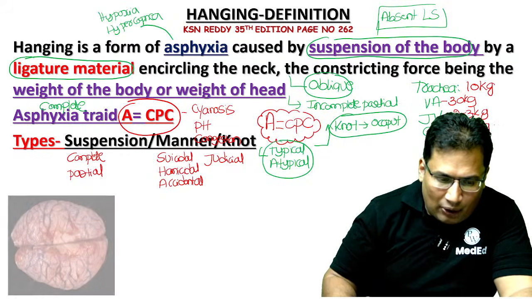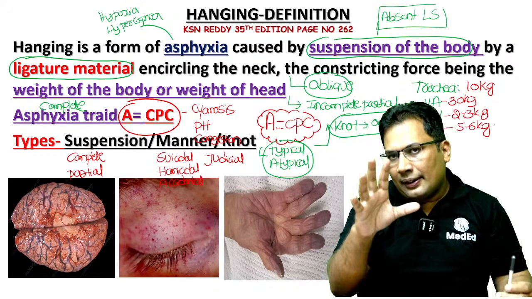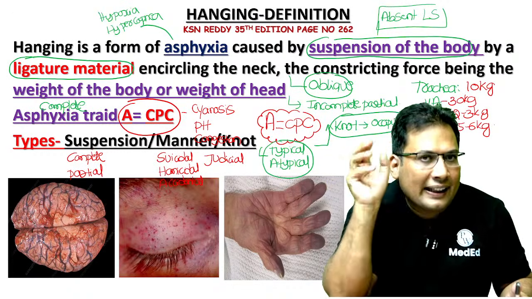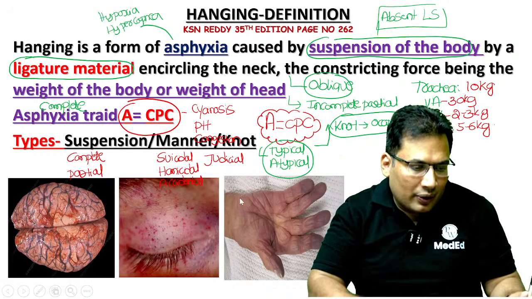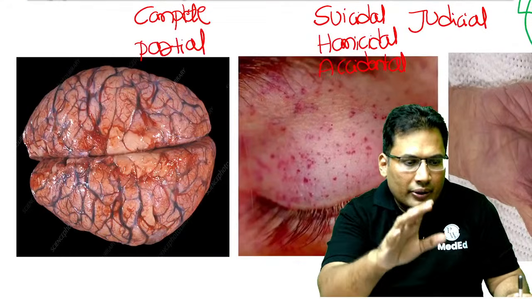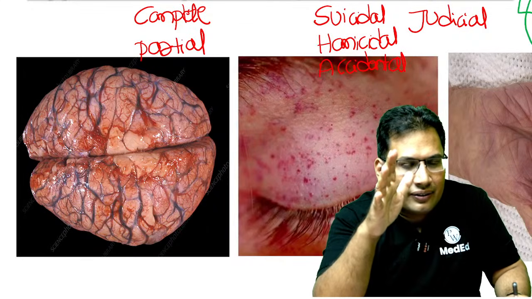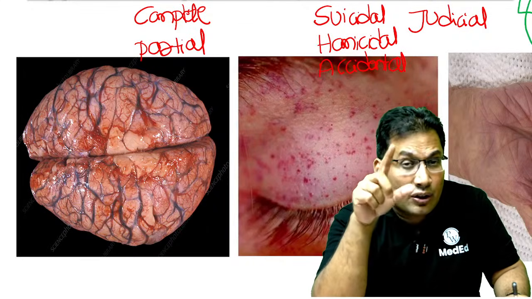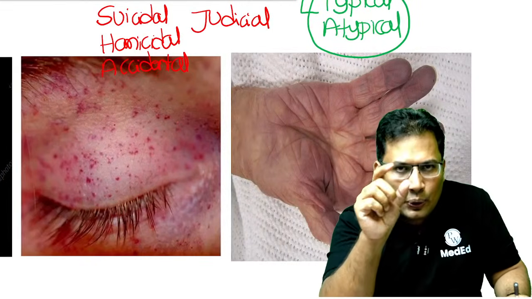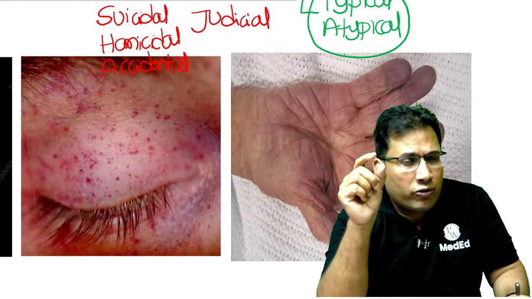Okay. Now just to simplify, there are three important images. You need to identify what are these images in case of hanging. Look at the first image. You can see the cerebral vessels, they are congested. So this is classical case of asphyxia. In the second image, you can make out pinpoint hemorrhages around 0.1 to 0.5 millimeter.